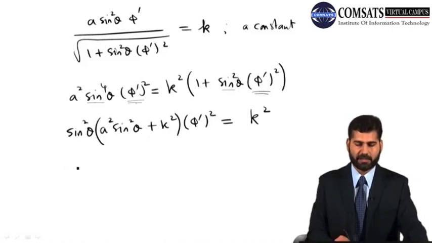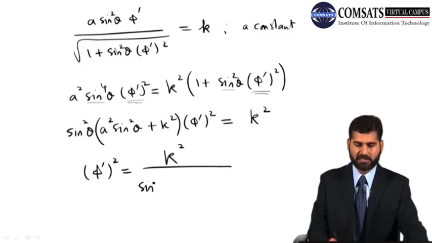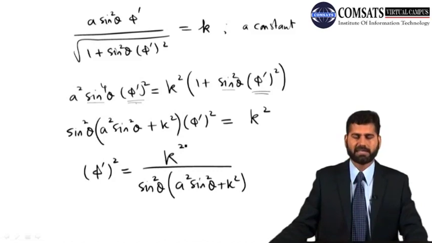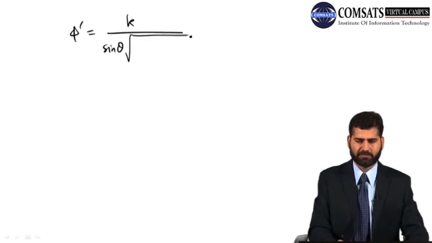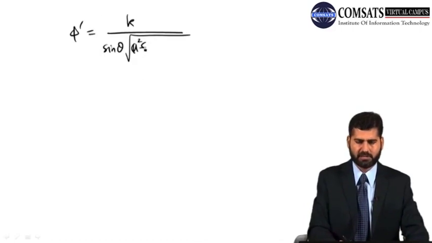So from here, phi bar square comes out to be k square over sine square theta times a square sine square theta plus k square. So this is what you got. Now by taking the square root, I will get phi bar equal to k over sine theta times the square root of a square sine square theta plus k square.